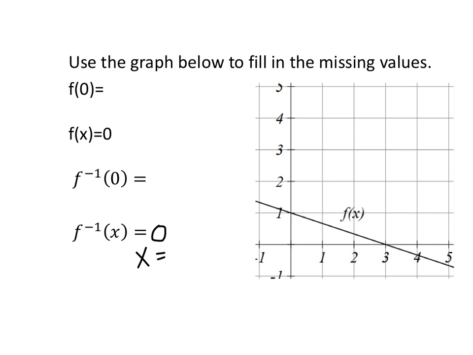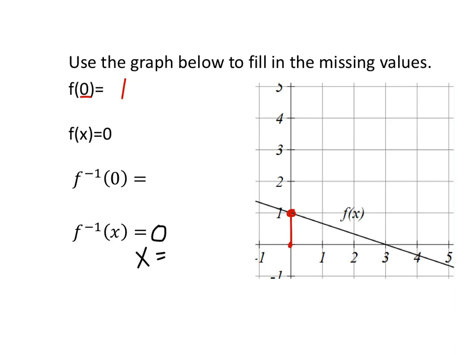Now, if we look back, just real quick with the inverse stuff, we're just replacing x and y values, so it's not too bad. These first two parts are actually just f of x, so not a big deal there. f of 0, so what's the y value when x is 0? Well, x is 0, and it's 1 right there, so 1.